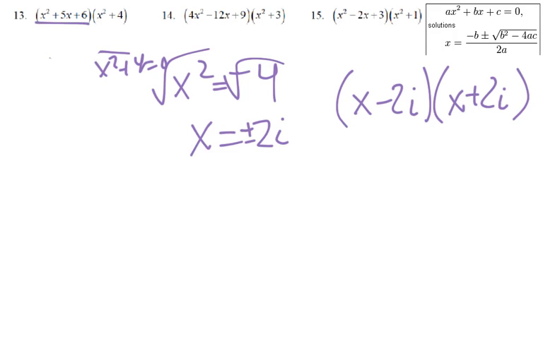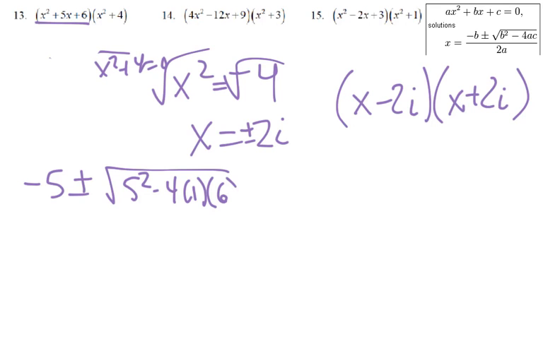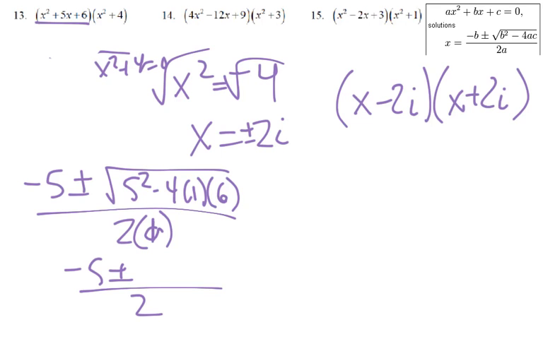So, we end up using the quadratic formula. So negative 5 plus or minus the square root of 5 squared minus 4 times a times c over 2a, which is 1. So negative 5 plus or minus over 2, that would be 25 minus 24, which would be 1.